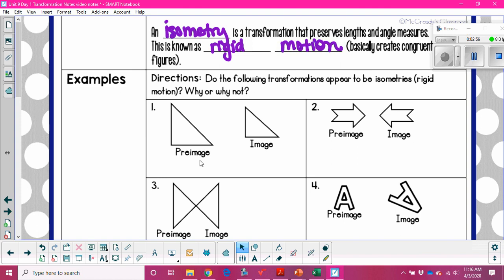Well, no, it's not. So the image is not congruent to the pre-image. Okay, and we said this is a translation, so I'm going to go ahead and write that up there so you don't forget what it was.